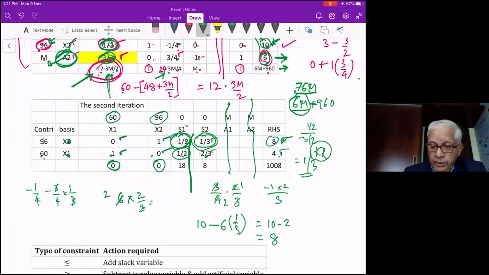Now let's examine: the table has been completed. Let's calculate the numbers in the index row. What are the numbers in the index row? These 0s were put by us because these are columns of the identity matrix. Now this number is 18 and this number is 8.